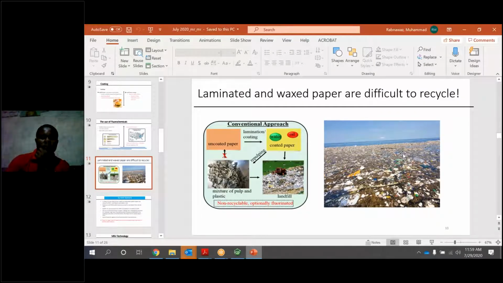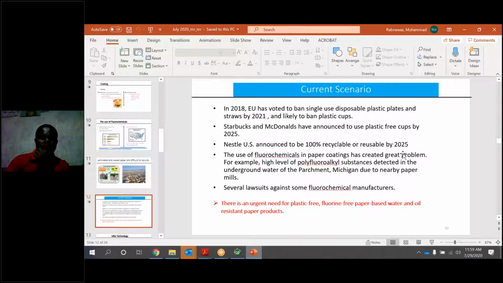As a result, many countries already ban the use of single-use plastic utility products in packaging, right? Many companies, including Nestle, Starbucks and McDonald's, promise that they are going to be 100% recyclable or 100% biodegradable by the end of XYZ years.